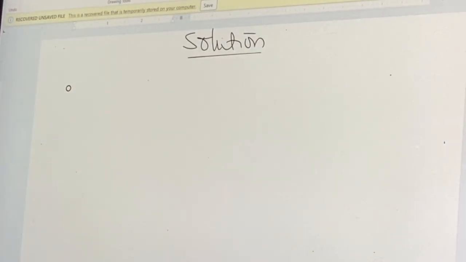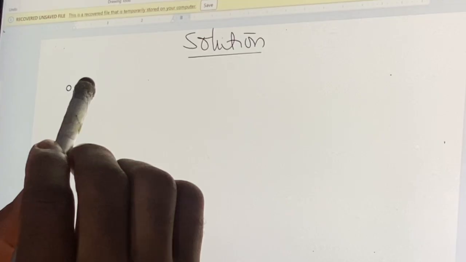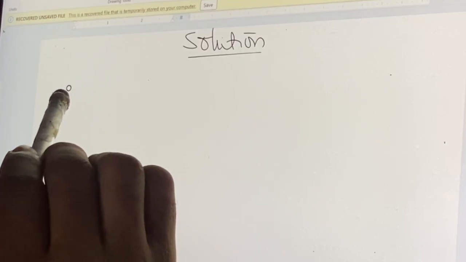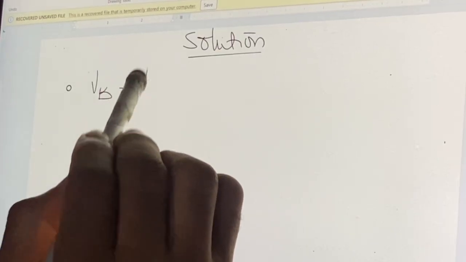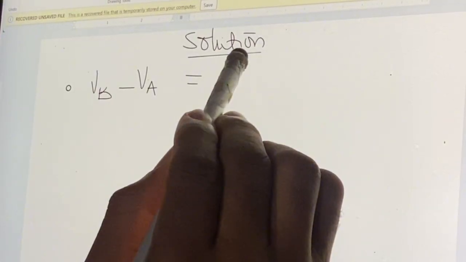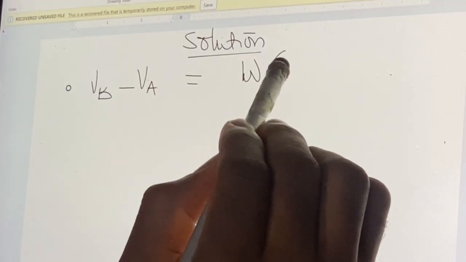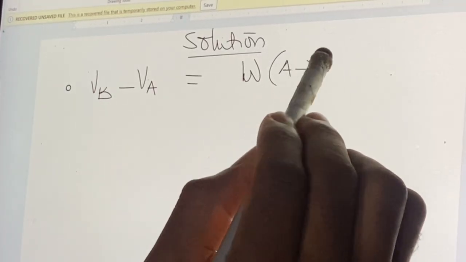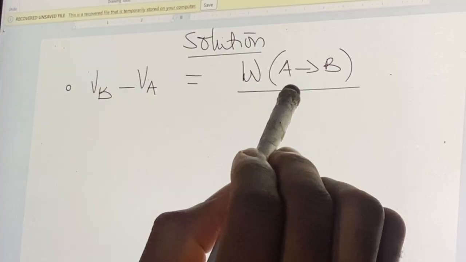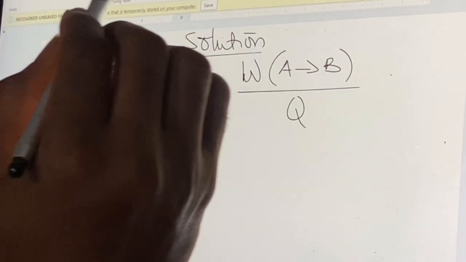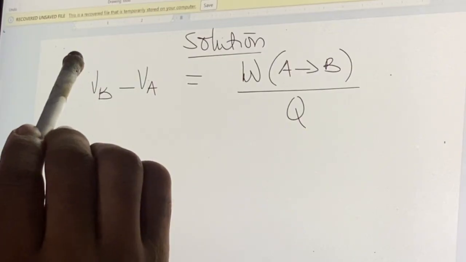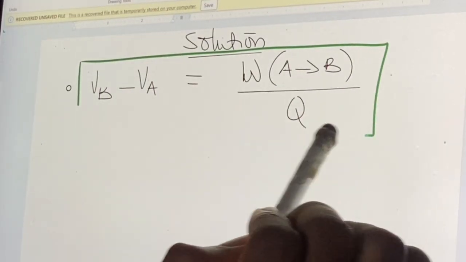The formula for electric potential difference related to work done is this: VB minus VA is equal to work done, that is W of A moving to B over Q. Please don't forget, we have various formulas for electric potential difference, but whenever work done is given, we apply this particular formula here. Don't forget, okay?